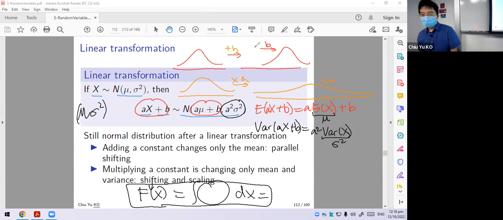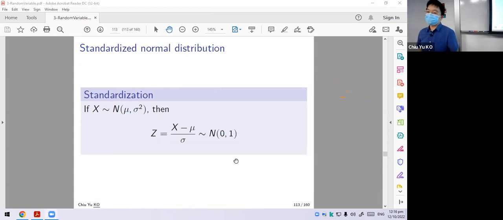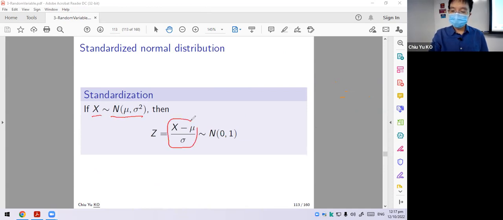So the key here is that because of this transformation, we can always do the following. If X follows normal mu, sigma squared, we can always do this to make it mean zero, variance 1.